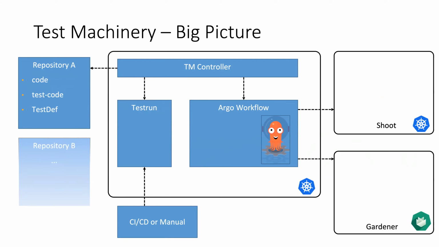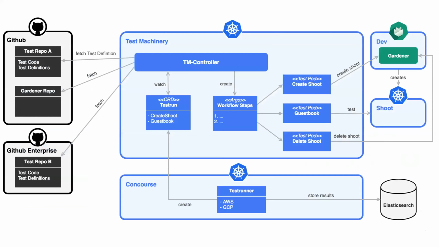When we go next, we see a more detailed overview of our test machinery. The only thing I want to point out here is, on the downside, you can see the Concourse, and that is run by the test runner. Also, the test runner watches the test run to be completed.